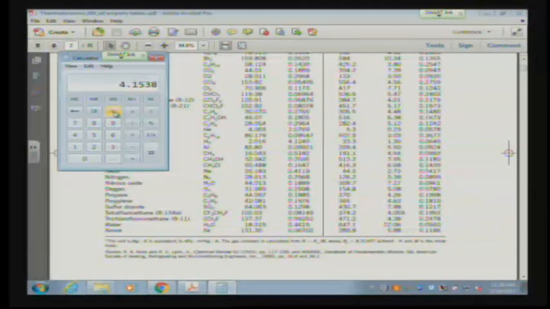Oh, that was easy. So it should be 4 point something. 4.1538, or just 4.15 cubic meters. So the volume of our container is 4.15 cubic meters.